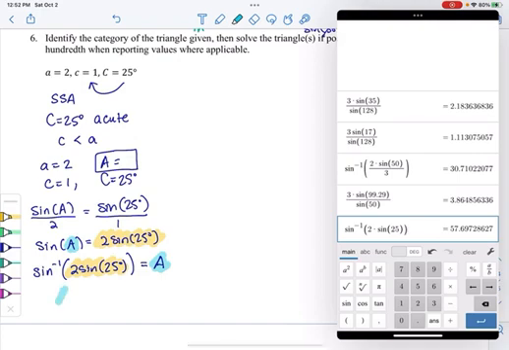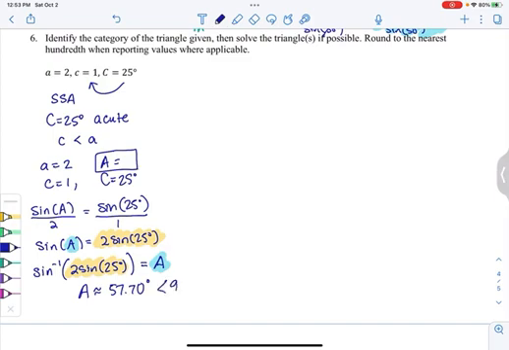I get A. A is approximately 57.70 degrees. And this is less than 90 degrees. Okay, so this is less than 90 degrees. And so what my chart tells me is this is going to give me 2 triangles.